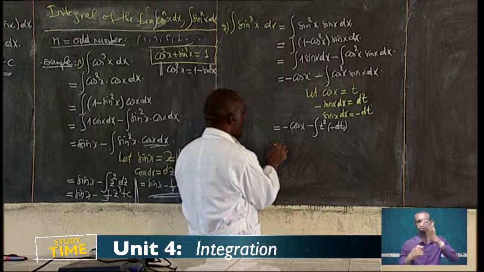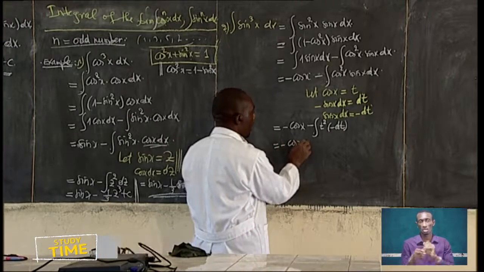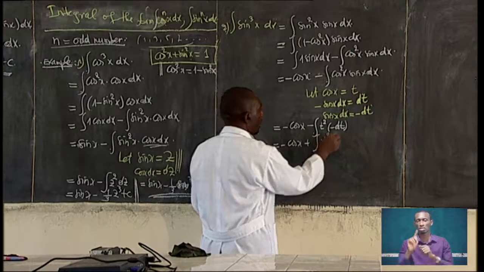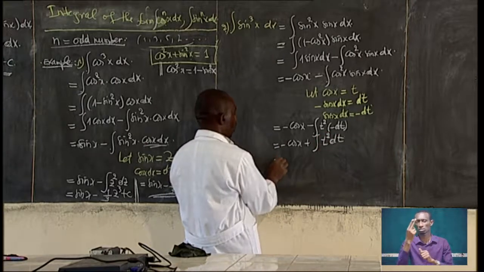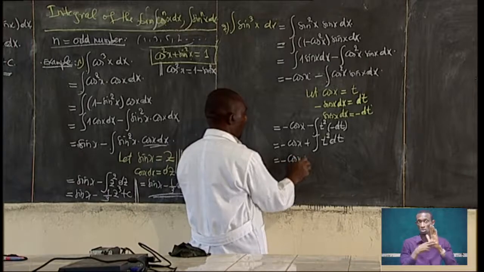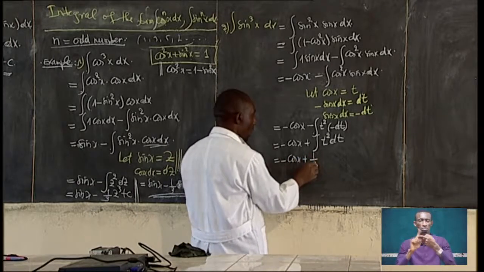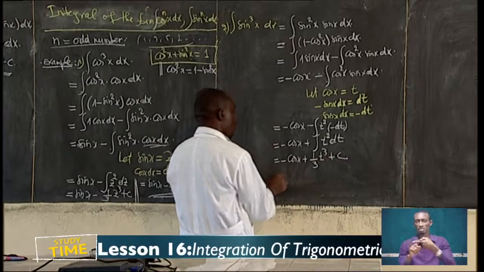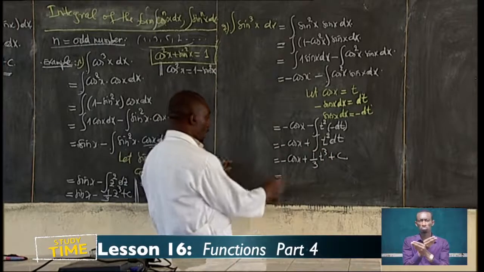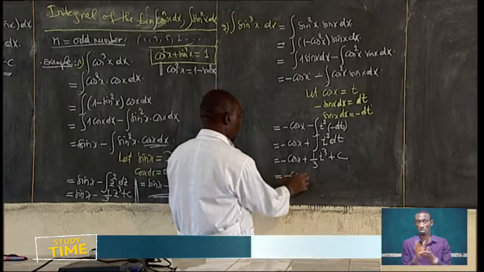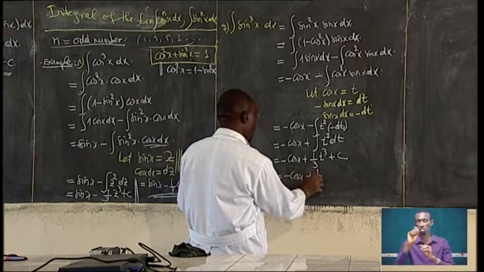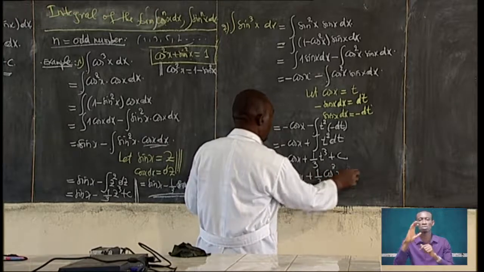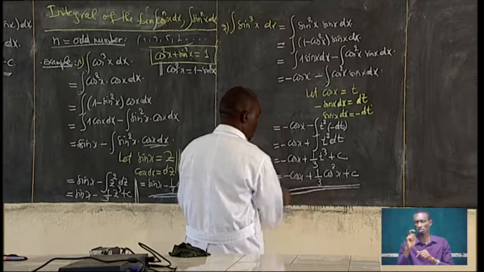So I have minus cosine of x plus integral of t squared dt, and this is equal to minus cosine x plus 1 divided by 3, t power 3, then plus c, and I replace t by its value to get minus cosine x plus 1 divided by 3, cosine cubed x plus c. And I'm done.